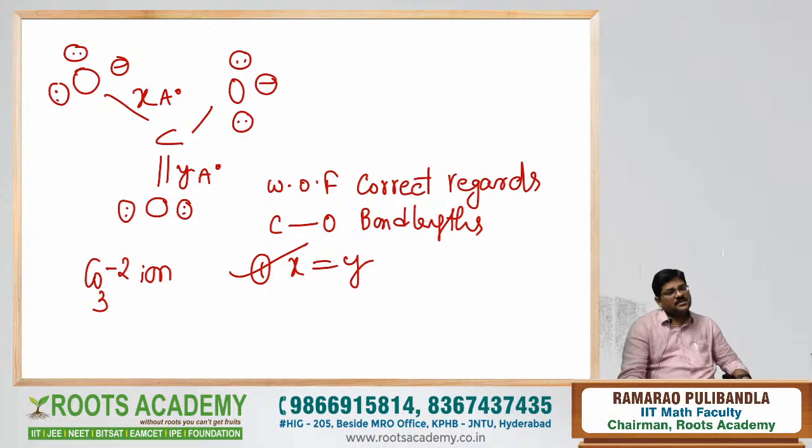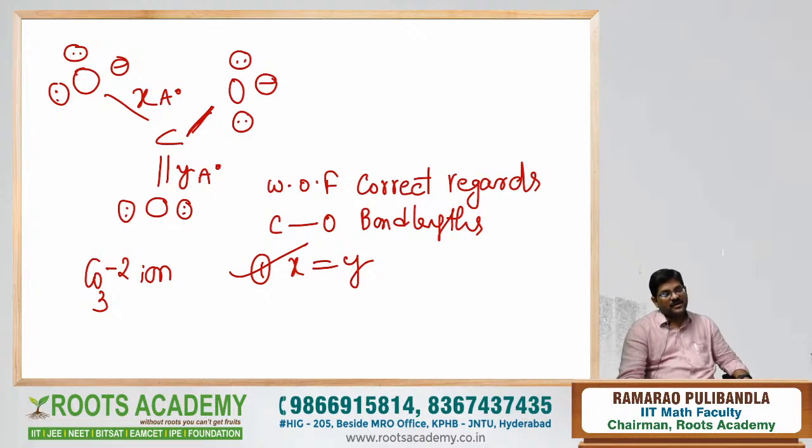That is called the CO3 2 minus ion, the carbonate ion. In this carbonate ion, which of the following is correct regarding CO bond length? The answer is X is equal to Y once again because of the conjugation property. How do you know there is conjugation? See, a negative charge and double bond separated by a single bond is called negative charge conjugation.